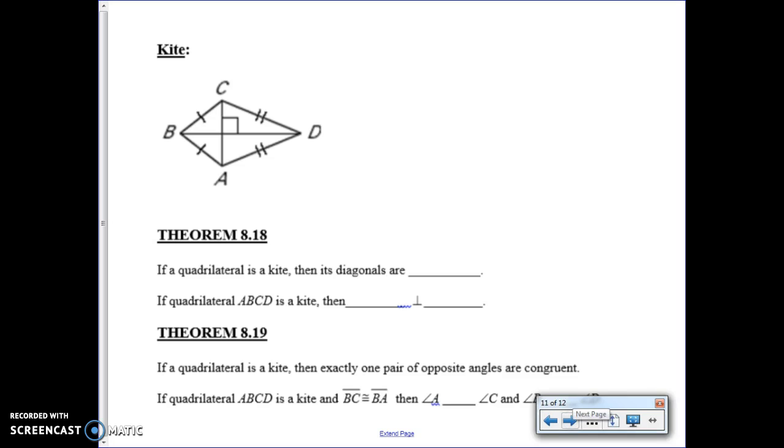All right, we've talked a lot about trapezoids, but we had another figure here that we were looking at. So a kite. A kite is a quadrilateral with some special properties. So it's a quadrilateral that has two pairs of consecutive congruent sides.